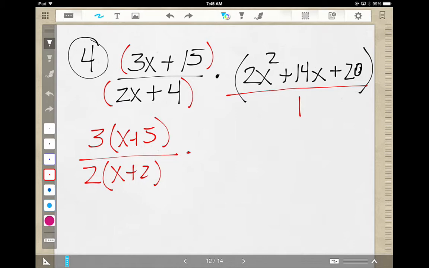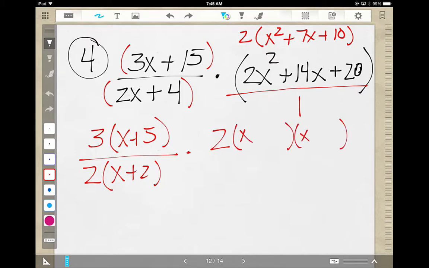On the numerator of the second expression, I noticed that there's a common factor of 2, so I'm going to bring that out first. It's 2 times x squared plus 7x plus 10. And I wrote it up there because I'm thinking that that trinomial might still factor. So it's going to be 2, and then it would be x times x to get the x squared.